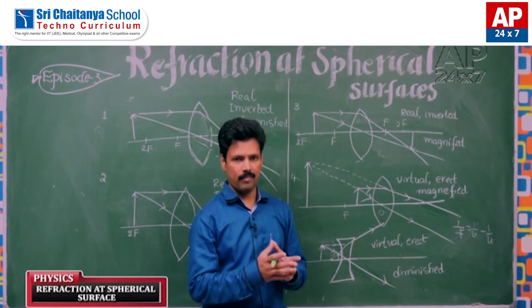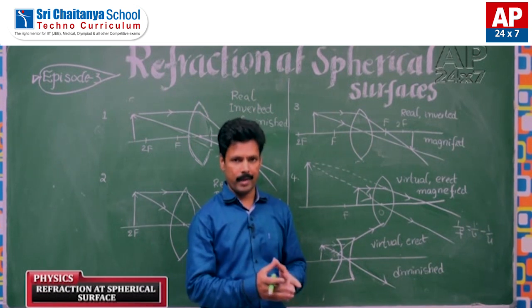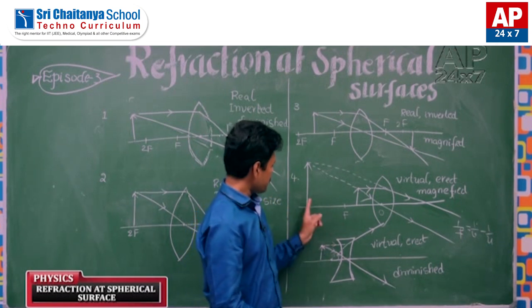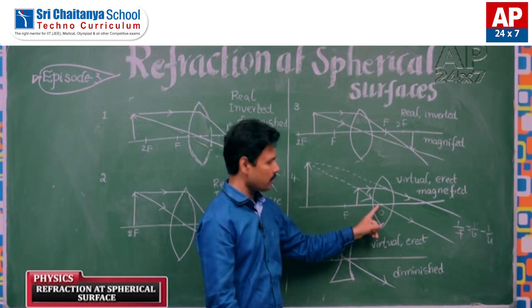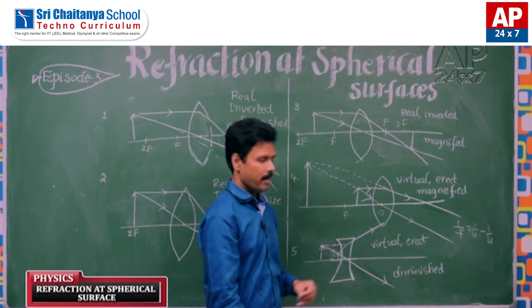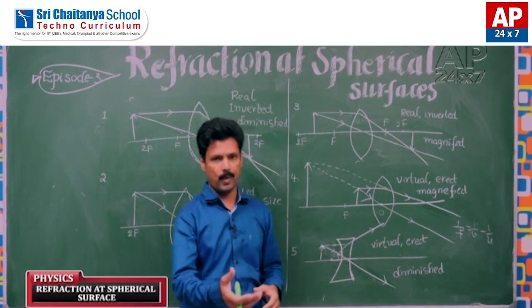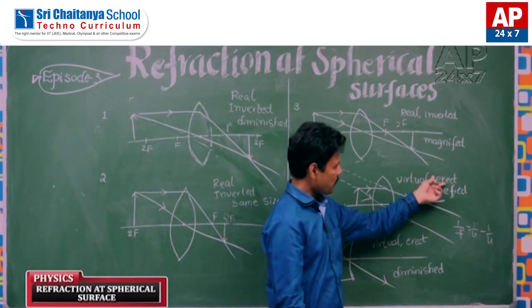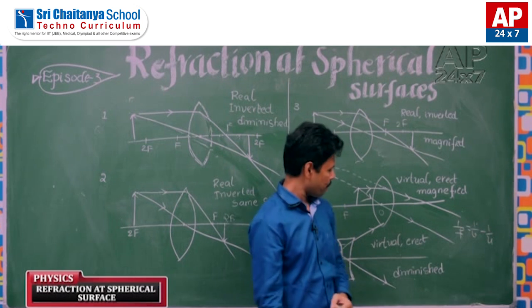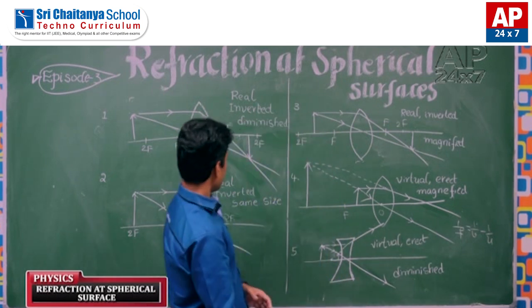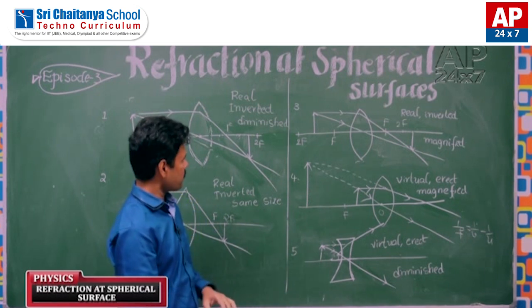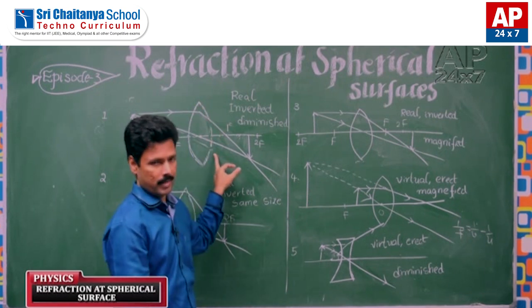That means magnification is positive, so it is an erect one. And we can see here the distance of the image is more than that of the object, so the magnification is more than 1. So it is a virtual, erect and magnified image, right? So these are about the biconvex lens, and we have taken an equiconvex lens.